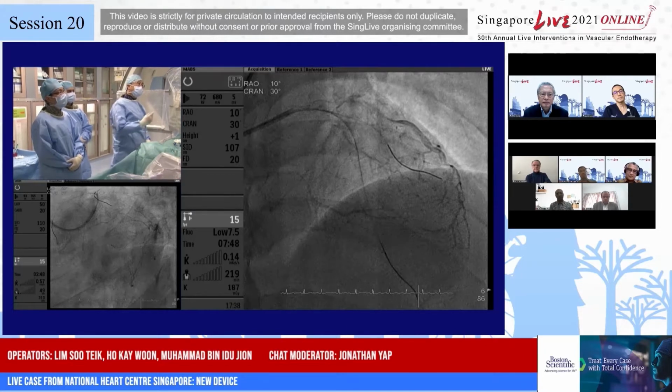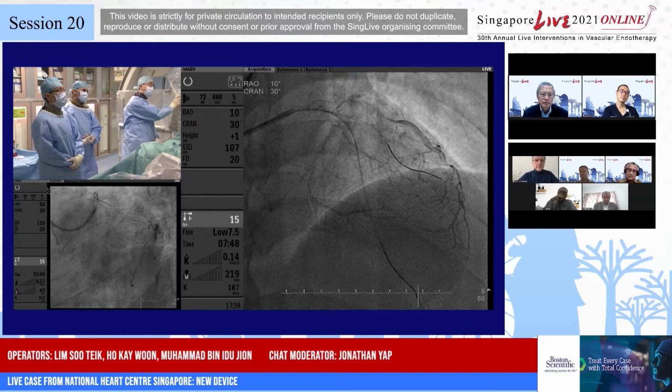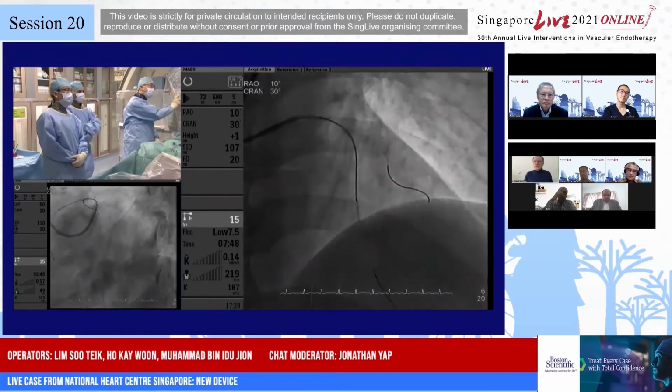The other option is to do an overlapping stent, 2.5 at 28, and then overlap a 3 millimeter bioadaptor from proximal to mid. So those are the two options that we were thinking about. We didn't do the iFR test.